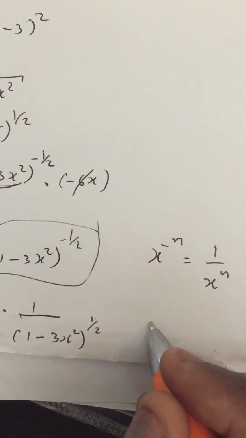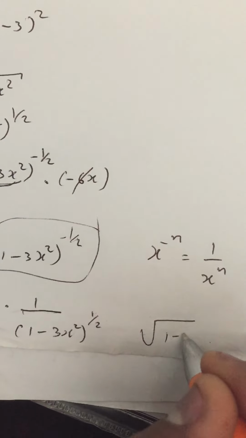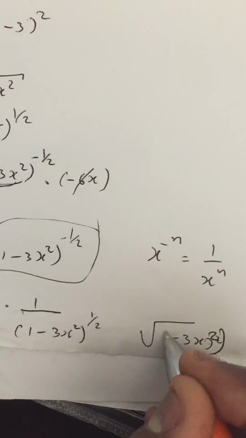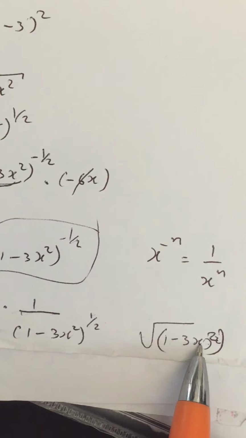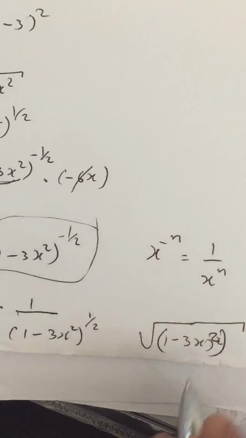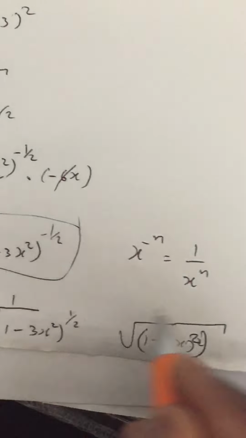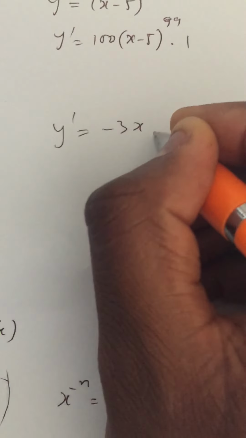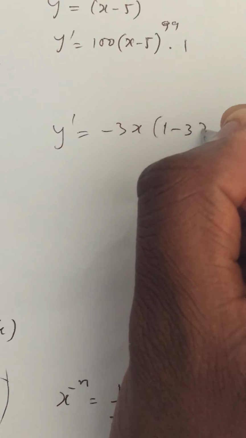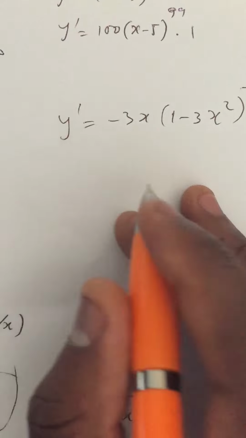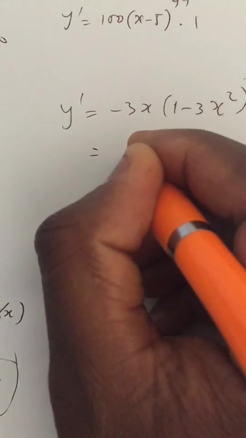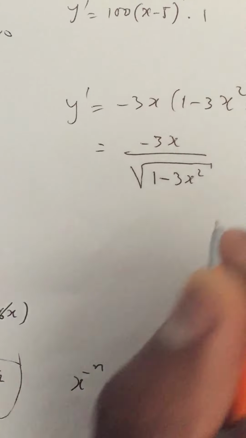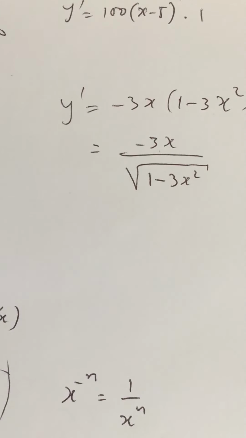This is the same as writing the square root of 1 minus 3x squared. So if I write it properly, y prime equals minus 3x divided by the square root of 1 minus 3x squared. That's our final answer. All right, good.